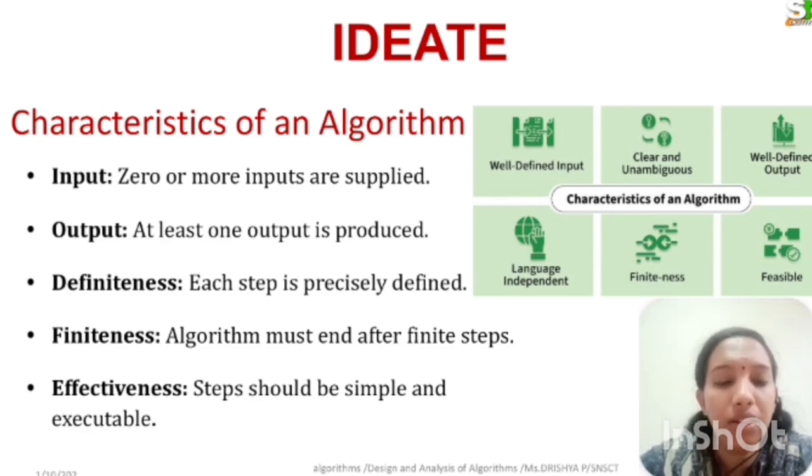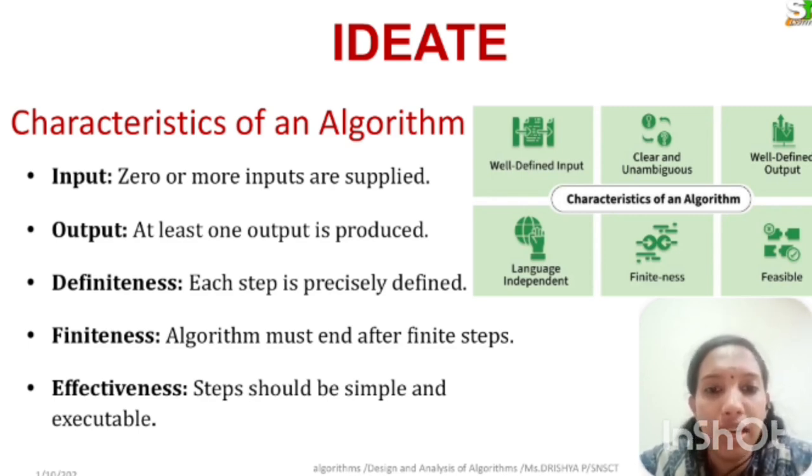After completing the processing of inputs, we get an output; it may or may not be more than one. Finiteness: the algorithm must end after finite steps. Effectiveness: steps should be simple and executable.